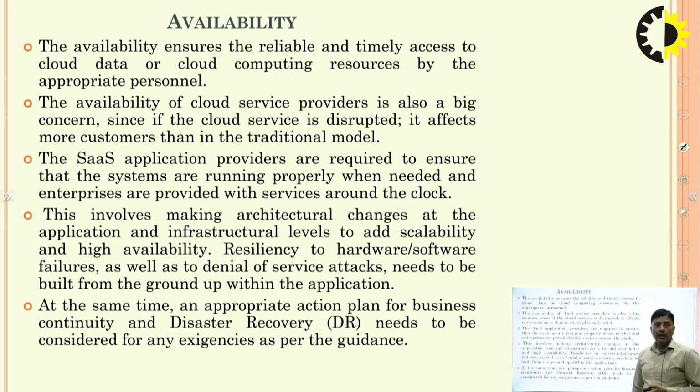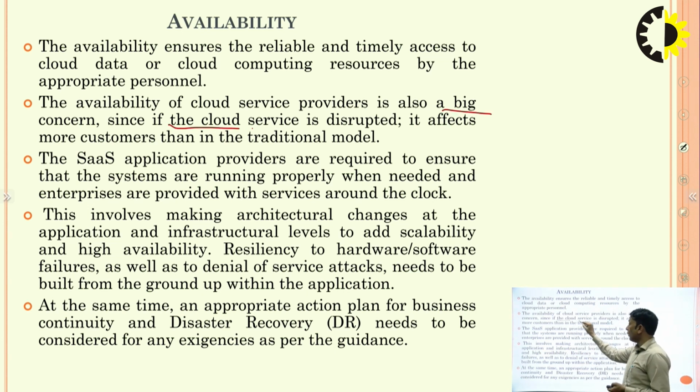Availability ensures reliable and timely access to the cloud data or cloud computing resources by the appropriate personnel. The availability of the cloud service provider is also a big concern. Why?